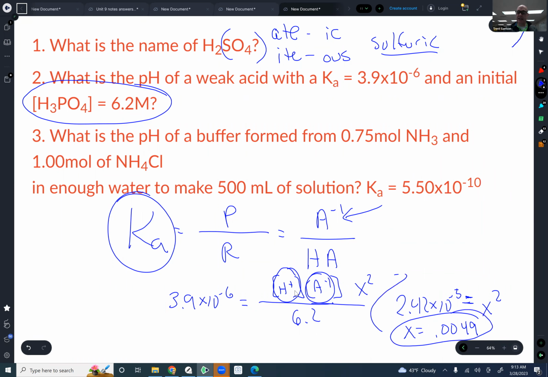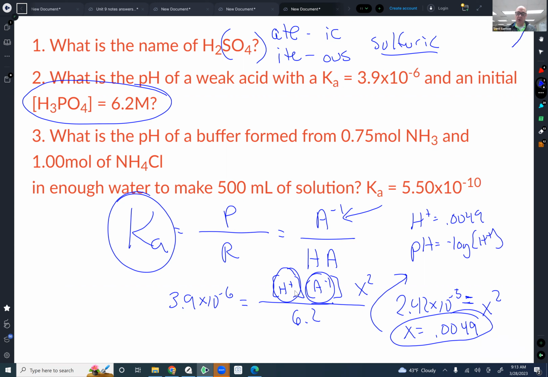Now that is in fact my hydrogen ion concentration, 0.0049. So now we could plug this into our pH formula. pH is equal to negative log of hydrogen ion concentration. So we'll do negative log of that value, and you end up with 2.31. That's a lot of details for you to try and manage.